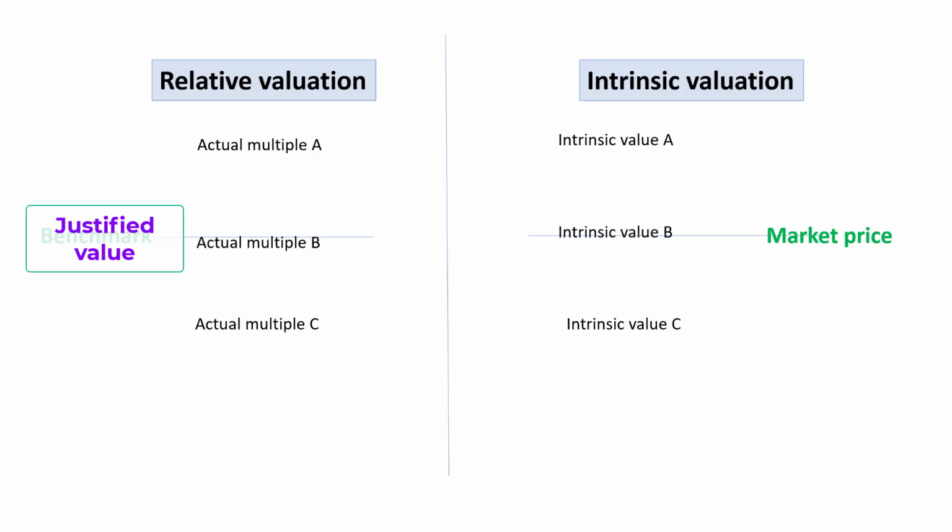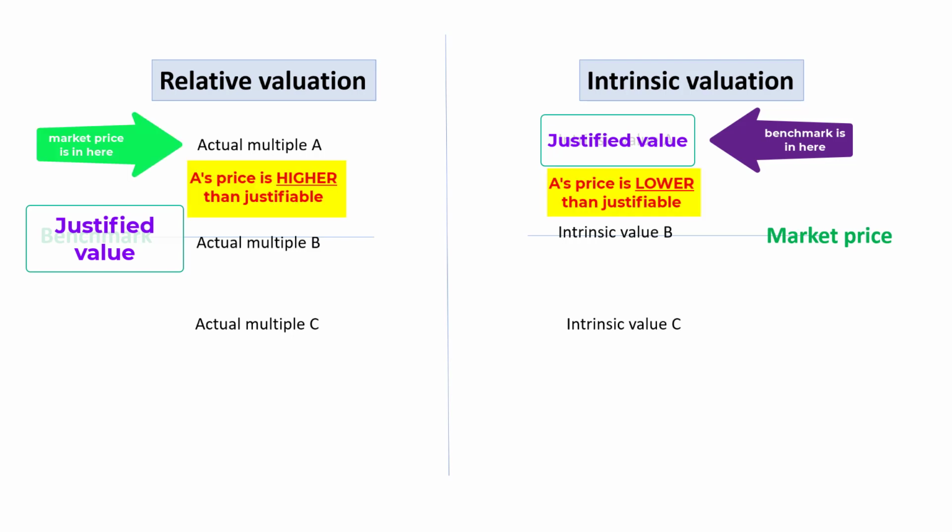On the right-hand side, the benchmark has oddly disappeared, but the intrinsic value calculation embeds the benchmark. So on the right-hand side with intrinsic value, the benchmark is embedded in, included in the intrinsic value, and therefore we have a swapped around point of comparison.